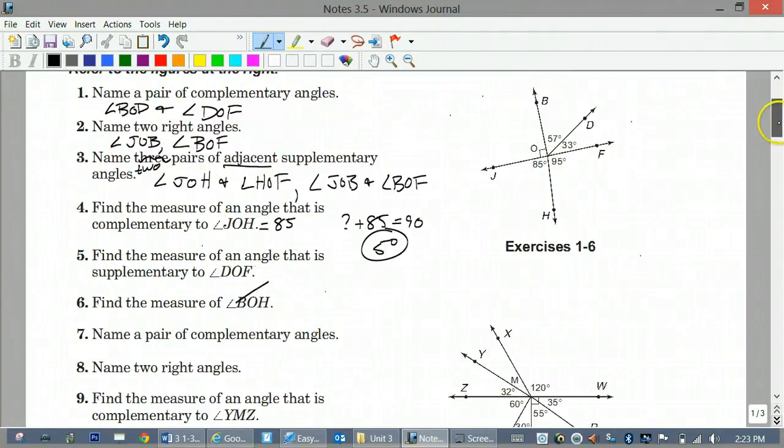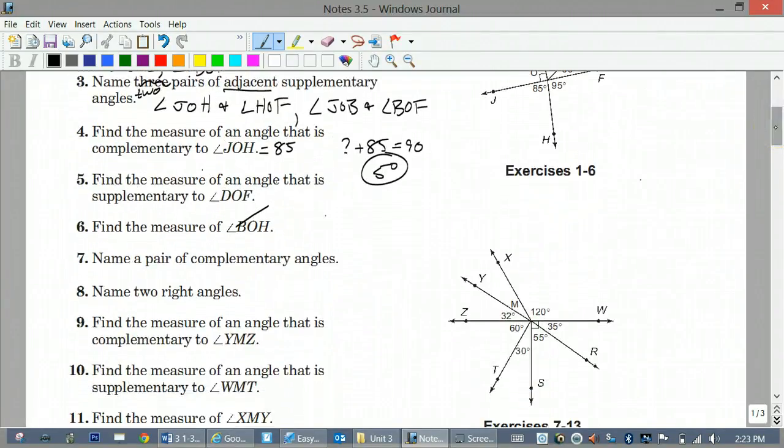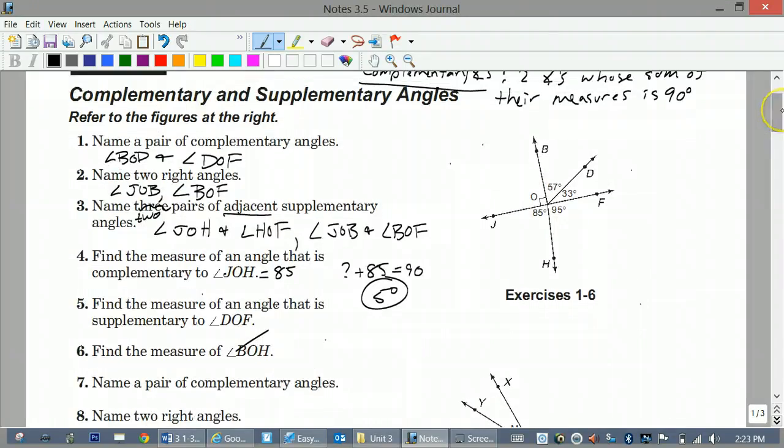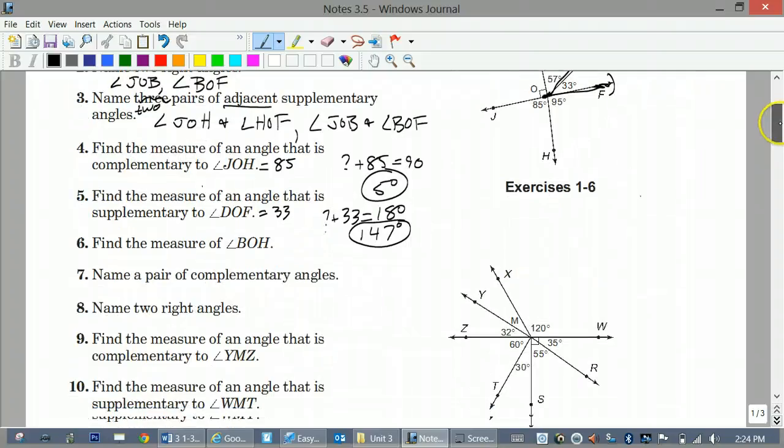All right, next one. Measure of an angle that adds to DOF. So find where DOF is. Something added to DOF gives us 180. So DOF is 33. So what plus 33 is 180? 147, is that right, guys? Subtract it. Good. Let's go to the next one.